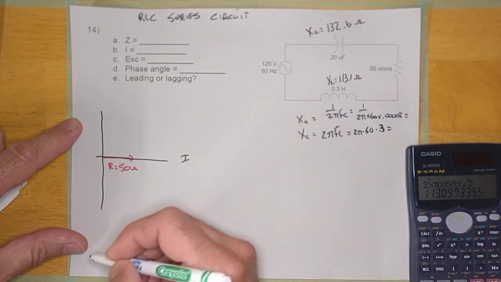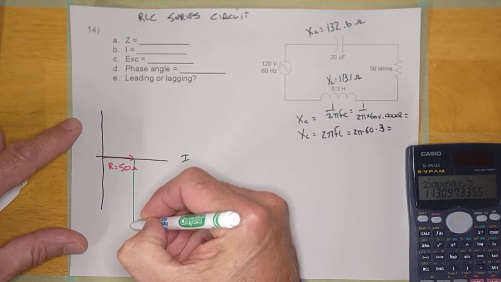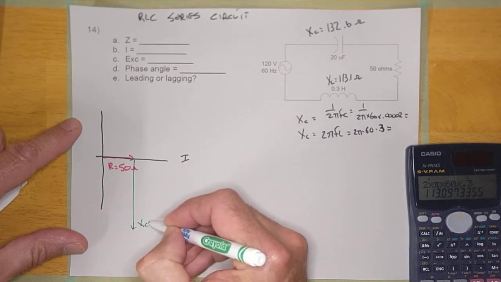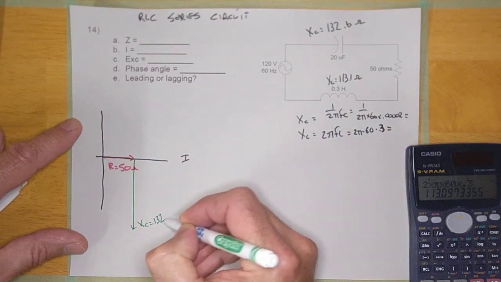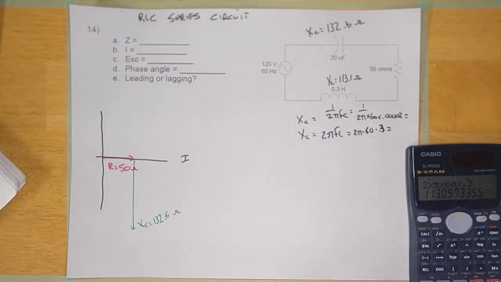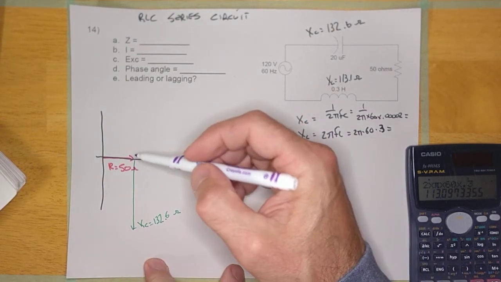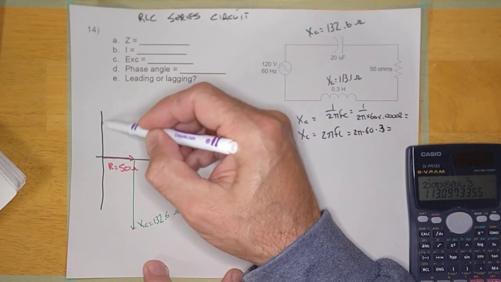Now I'm going to move it tip to tail, so it's going to end up looking something like this. XC is equal to 132.6 ohms. XL has to be drawn with the current lagging, so it's going to actually get drawn up.